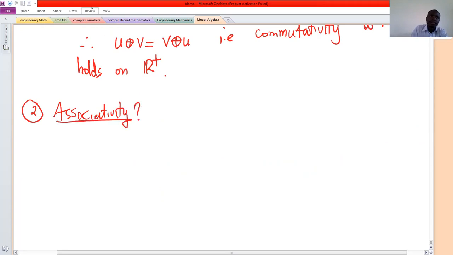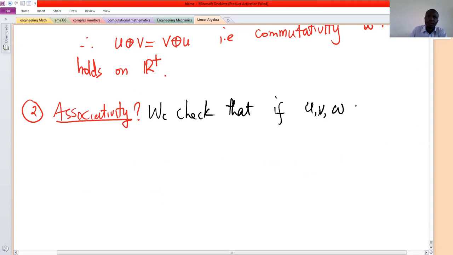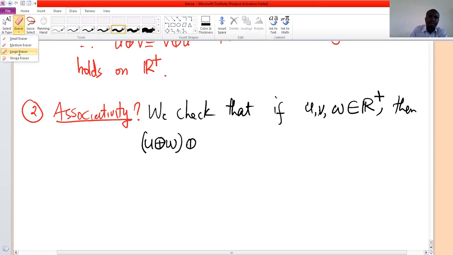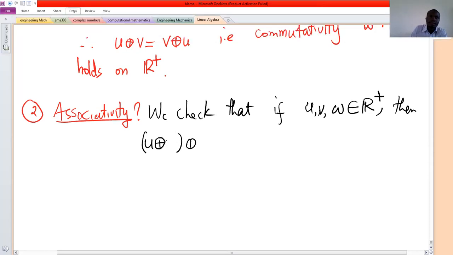Now for associativity, we check that if u, v, and w are elements in this set R plus, then u plus v plus w is the same as u plus v plus w.